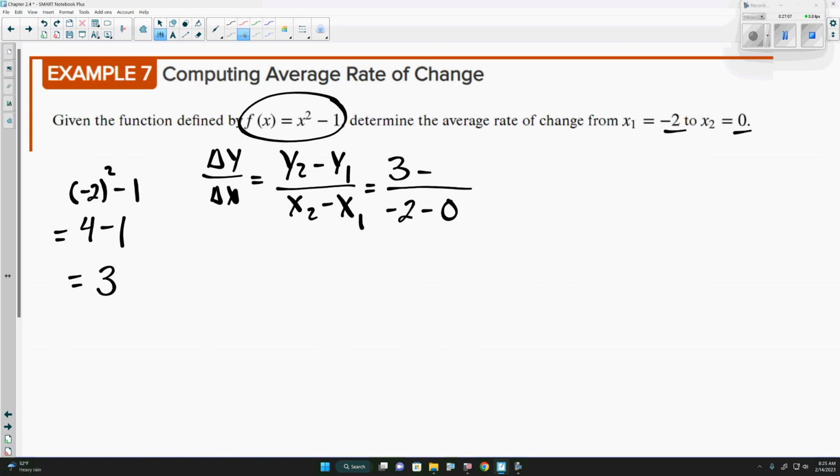We'll have to do the same thing for when x is 0. 0 squared minus 1 is -1. Now we just need to simplify. 3 minus -1 is 4. -2 minus 0 is -2. And 4 over -2 is -2.